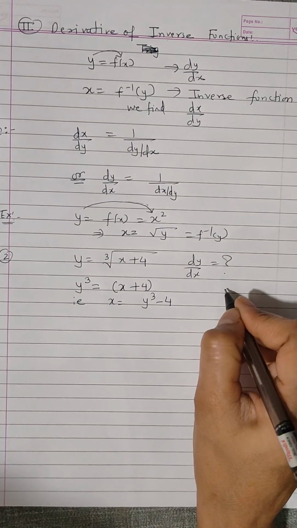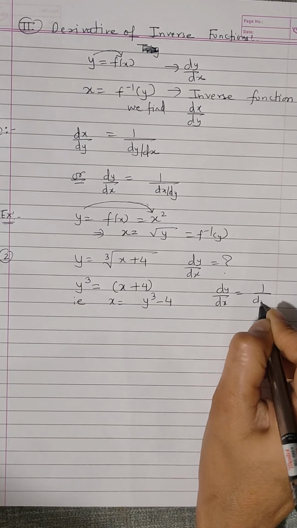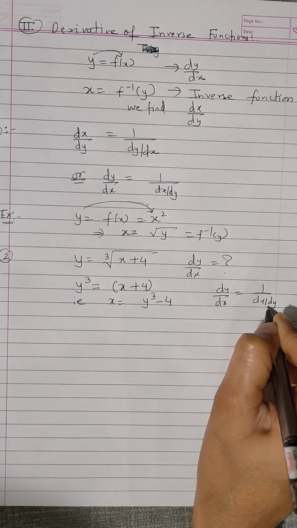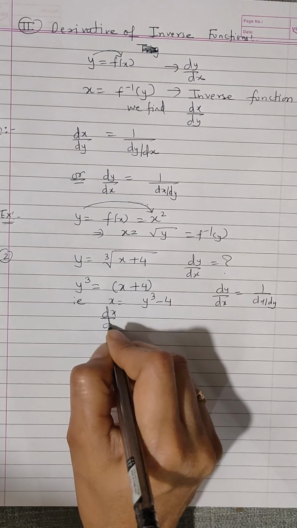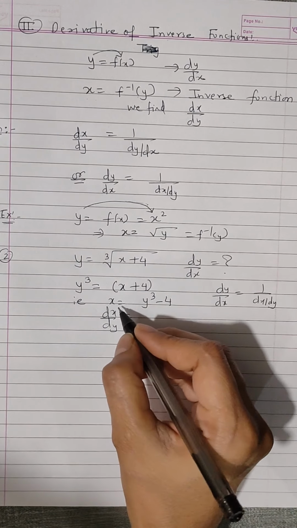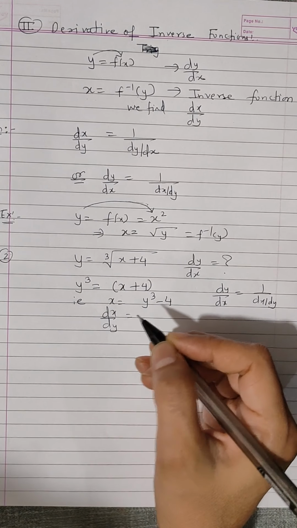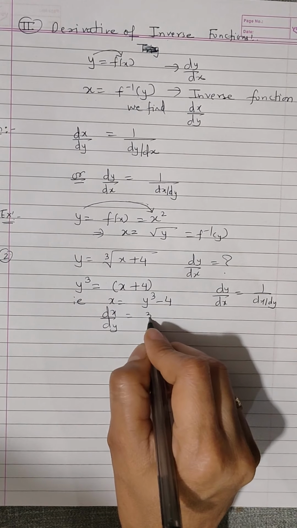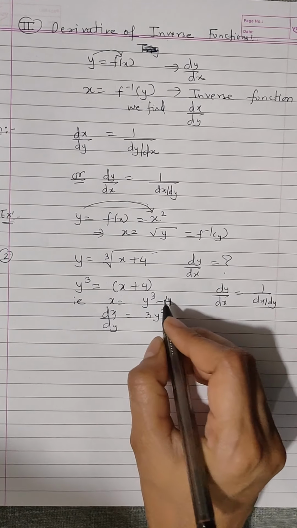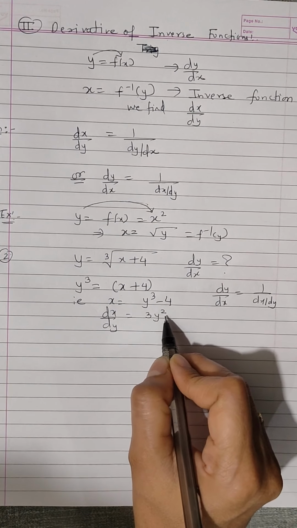Now dy by dx for the inverse function is 1 upon dx by dy. So we differentiate x with respect to y, with the same procedure as for y equal to f of x. Differentiation of y cube is 3y square, and differentiation of 4 is 0. So dx by dy is 3y square.